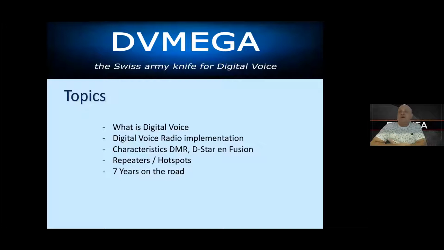I'm going to talk a bit about repeaters and hotspots, and what happened over 7 years on the road. I started 7 years ago, and I show you a bit of what I did in the last 7 years in terms of what kind of products and prototype software I made. It's a walk through what I did.